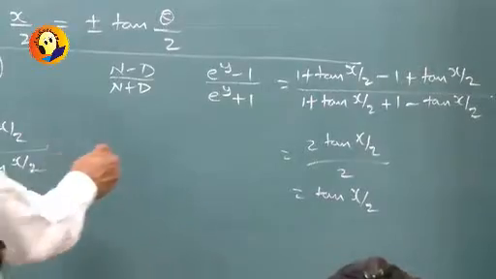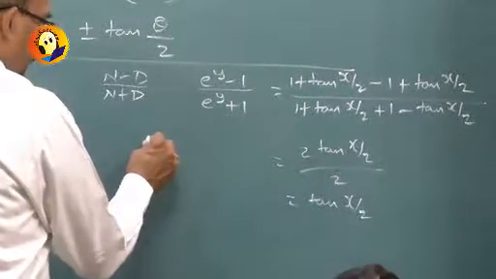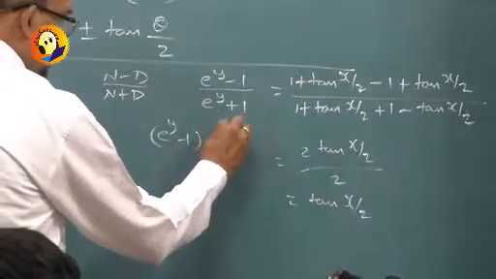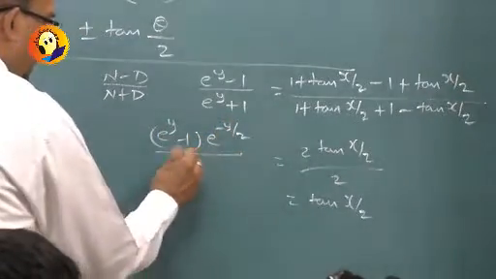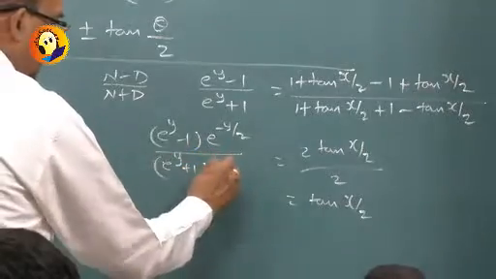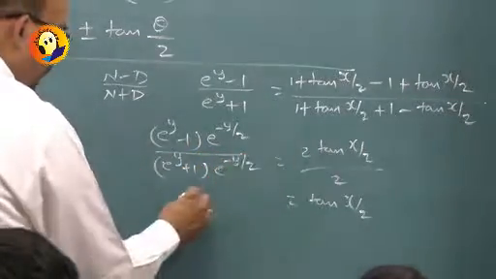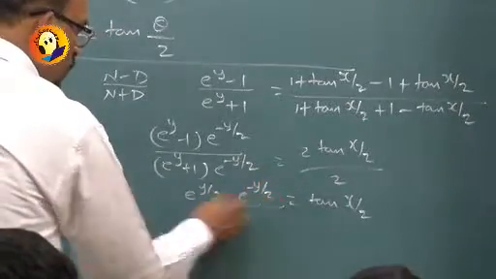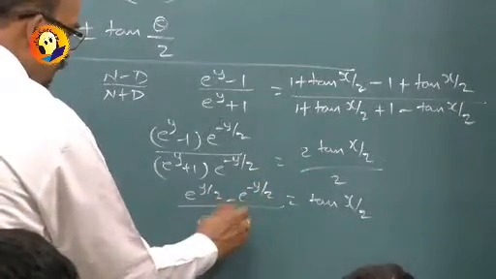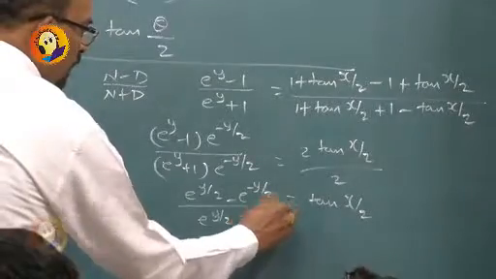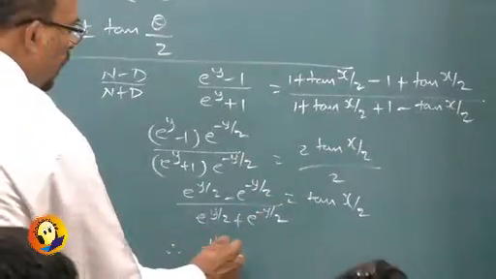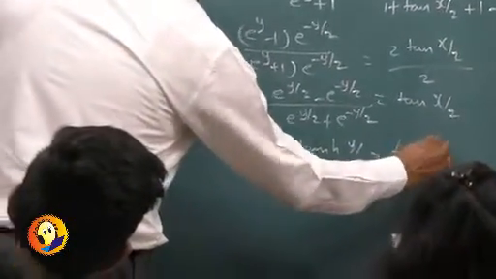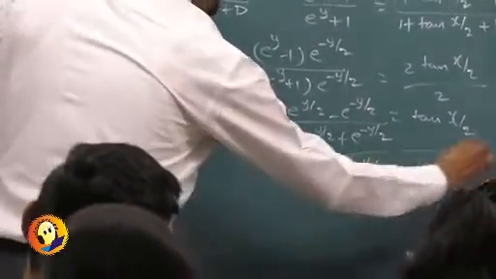And on left hand side you multiply by e raised to minus y by 2, so it is e raised to y minus 1 into e raised to minus y by 2 upon e raised to y plus 1 into e raised to minus y by 2, which is e raised to y by 2 minus e raised to minus y by 2 upon e raised to y by 2 plus e raised to minus y by 2, and therefore tanh y by 2 equal to tan x by 2. Proved.